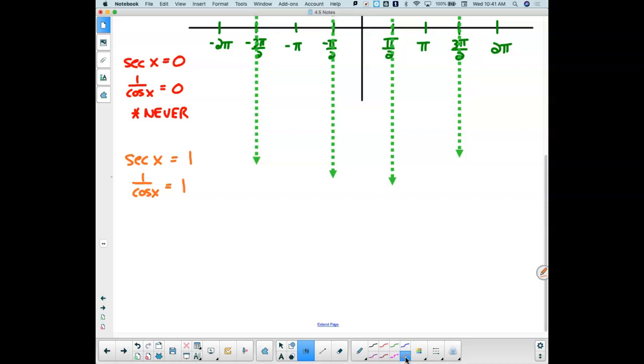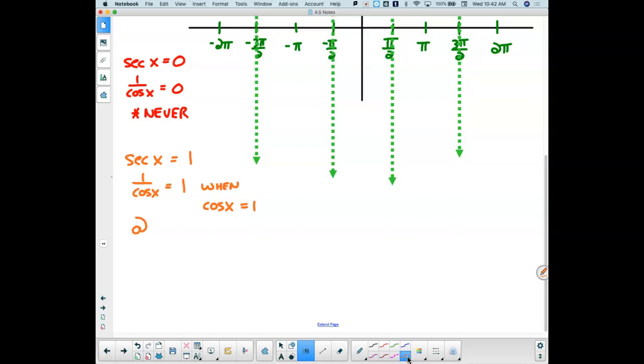When cosine is 1. Where is cosine of x equal to 1? Where is cosine equal to 1?